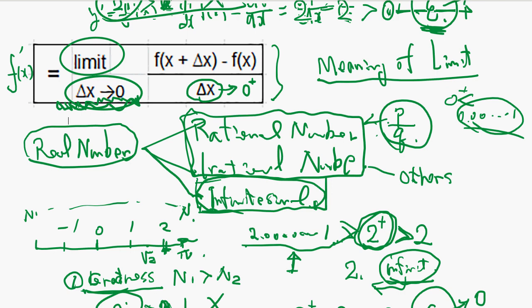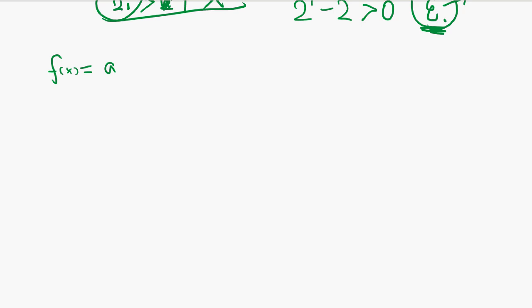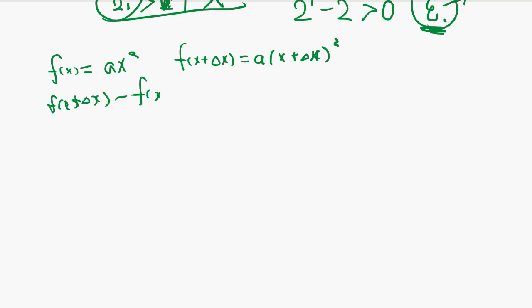Then what happens if you use that number? Okay, let's say f(x) is a x squared, right? So f(x plus delta x) is a times (x plus delta x) squared. So you have f(x plus delta x) minus f(x), divided by delta x, right?